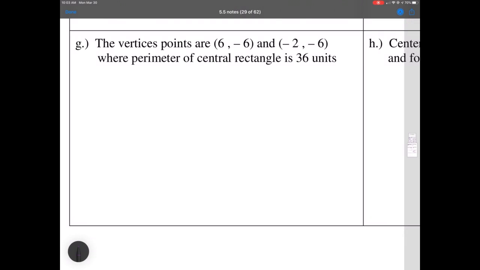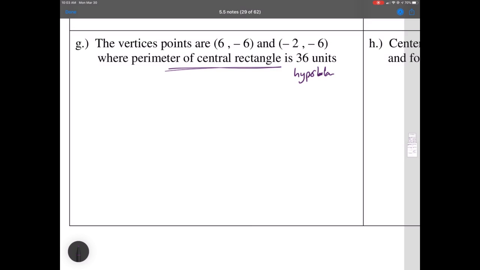G, the vertice points are 6, negative 6, and negative 2, negative 6, where the perimeter of the central triangle is 36. So we know this has to be a hyperbola because of that central rectangle. Sorry, not a triangle, the central rectangle.